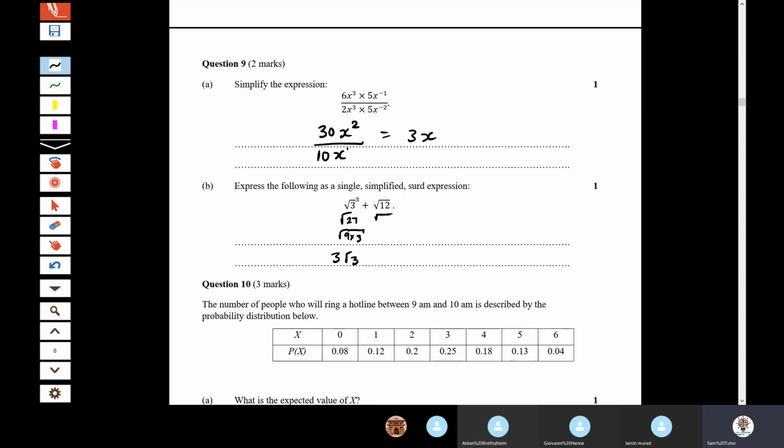Root 12 is root 4 times 3. Root 4 is 2, so that's 2 root 3. So plus 2 root 3, and then the answer is 5 root 3. Any questions?